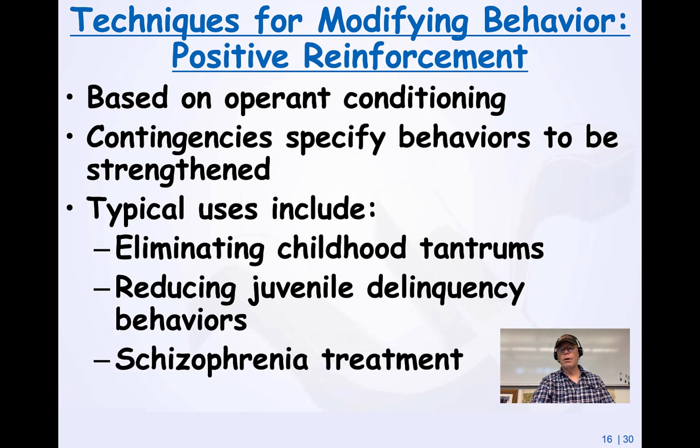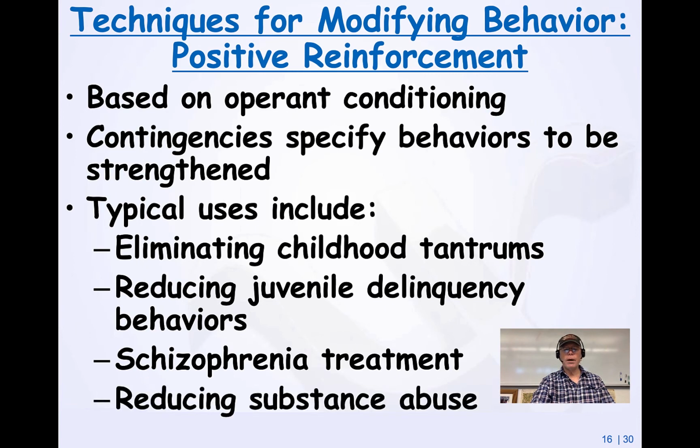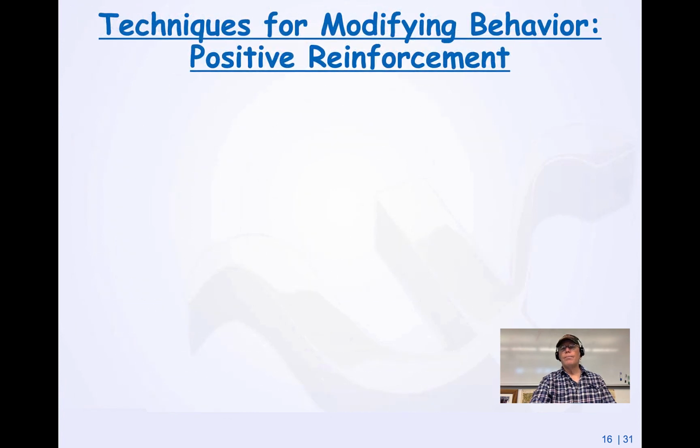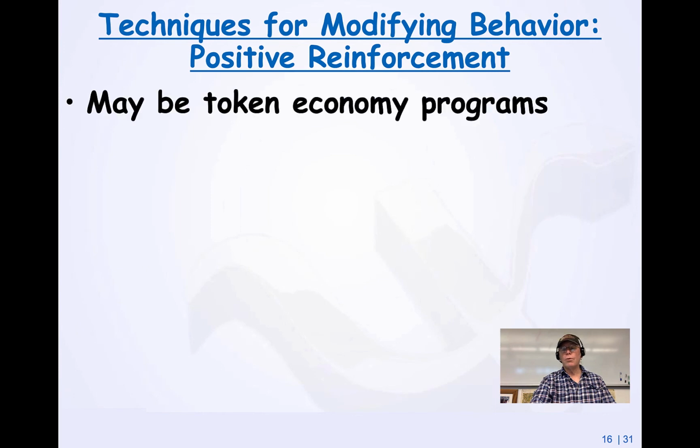Schizophrenia treatment. Schizophrenics respond to rewards, and so does reducing substance abuse. All of these are positive reinforcement potentials that are behavior modification. So we can use token economies. You don't have to give the whole reward at one time, but you need to break the reward down into little pieces.